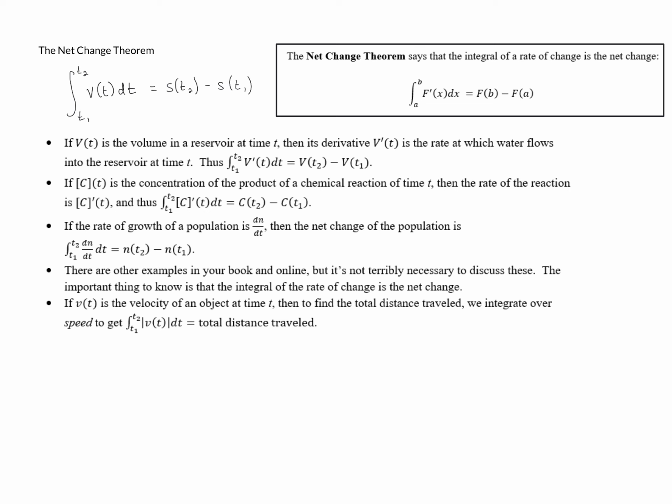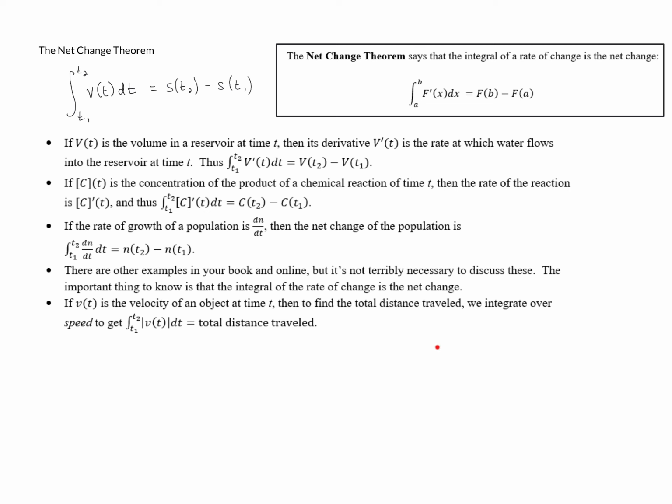There is one more example I'm going to give you, and we're going to look at an actual problem involving this, and it ends up being a little bit trickier. You might even already realize there's some absolute value symbols here. This category of examples says if v of t is the velocity of an object at time t, then to find the total distance traveled, now that's not the distance between the starting point and the ending point, but how far it's actually moved.